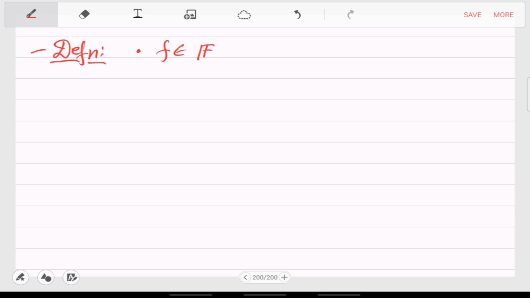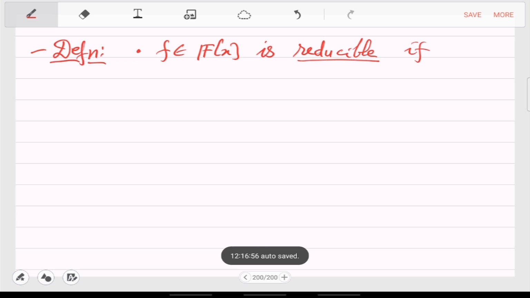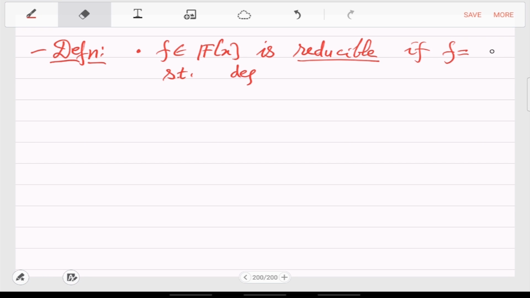A polynomial is called reducible if f is equal to g1 times g2, such that the degrees of these g_i are smaller than the degree of f, and also positive.